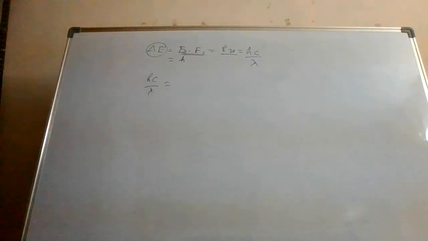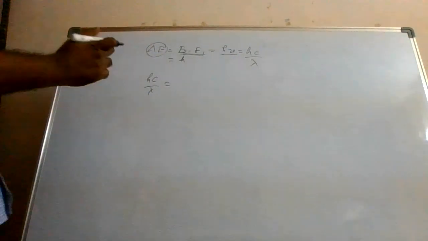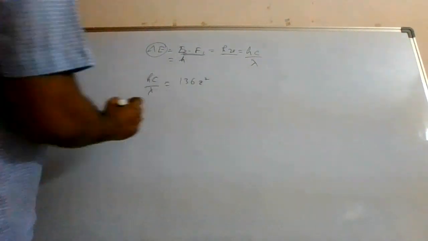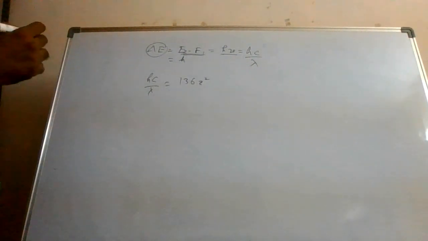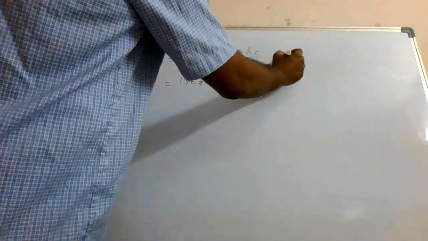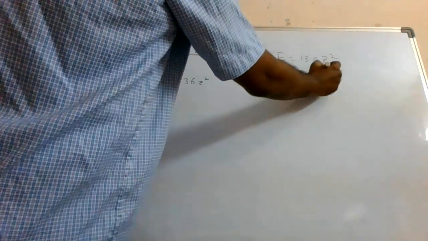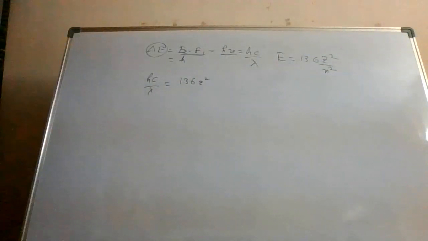So that is expressed as, we have calculated this energy as 13.6 z square. Remember, the general expression for energy in electron volts was 13.6 z square by n square, right?